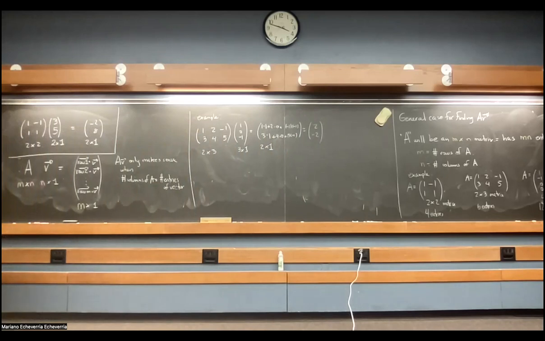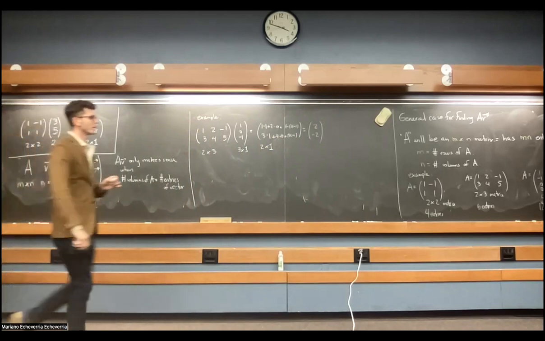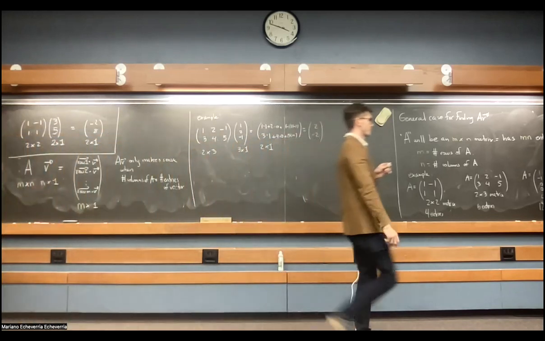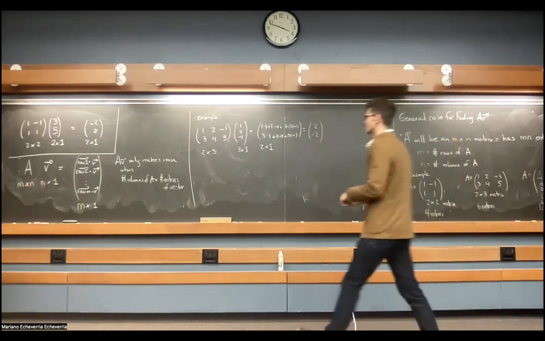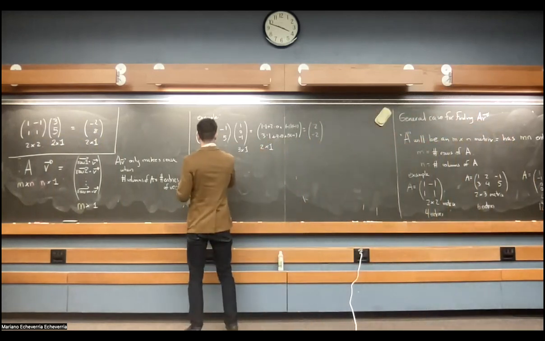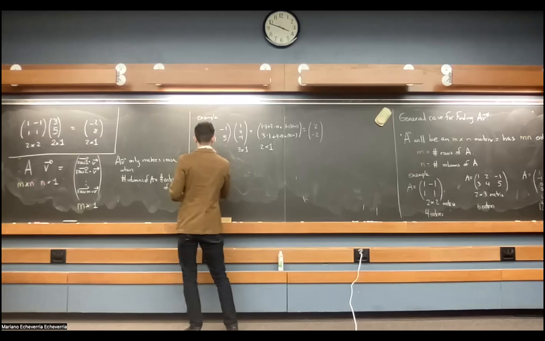Is that okay? If you think about it as a process, diagrammatically what's happening is that the input was this vector (1, 0, -1).